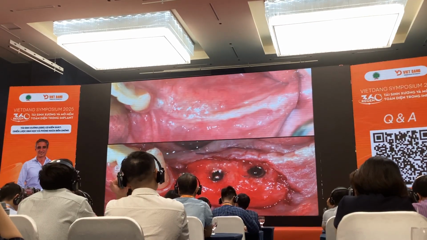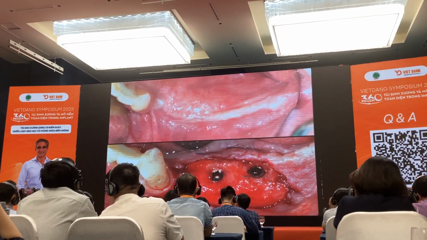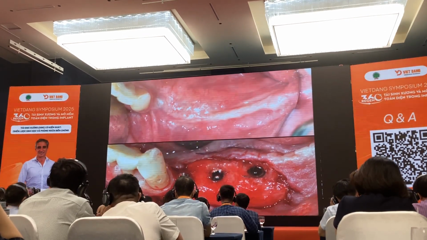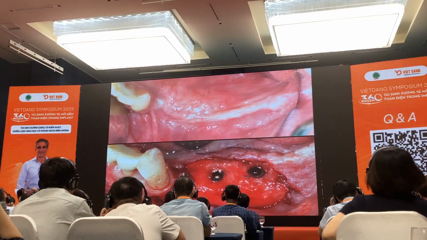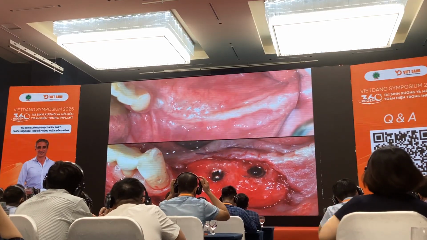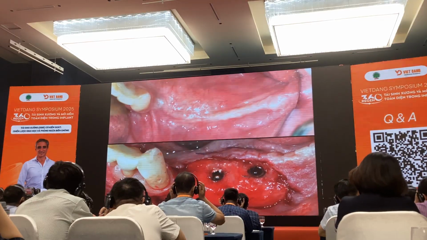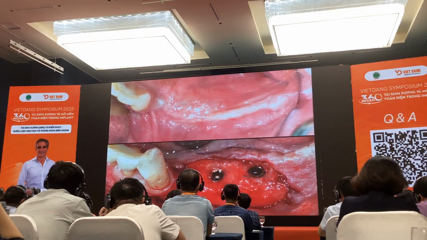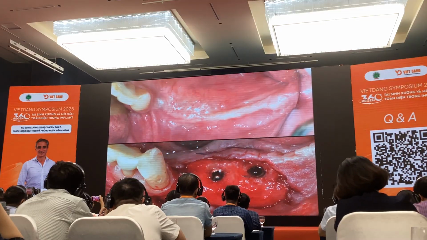So if we don't reposition the alveolar mucosa with the grafting of the free gingival graft, we cannot have an adequate quality of tissue that is needed for the prognosis of our GBR, implant GBR.